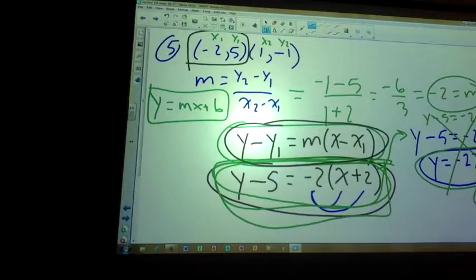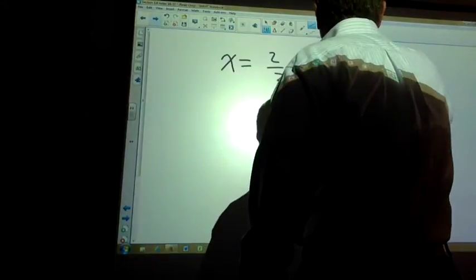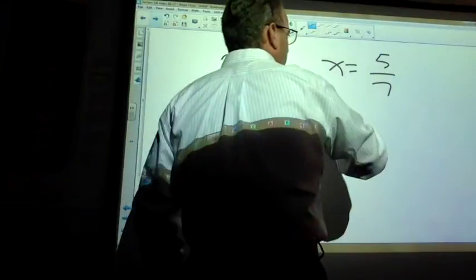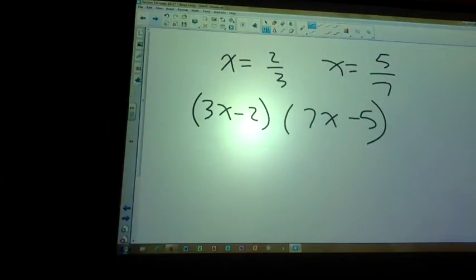It was just dirty math. Meaning, if you used the quadratic formula and wound up getting an answer, x equals 2/3 and x equals 5/7, that means that 3x minus 2 was this binomial and 7x minus 5 is this binomial if you worked backwards. So it's like you're reverse engineering it, but you're not really. It's a really cruddy way of doing math.